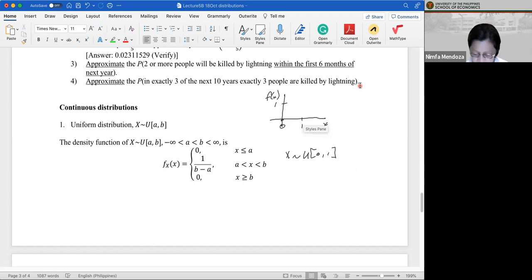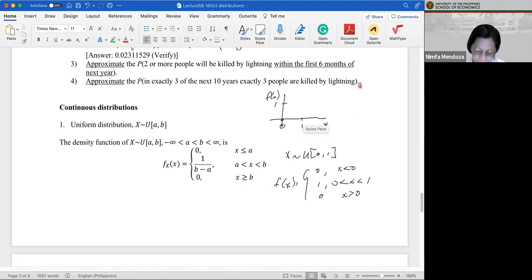So you would have f of x equal to 0 if x is less than 0, equal to 1 if x is between 0 and 1, and 0 if x is greater than 1.